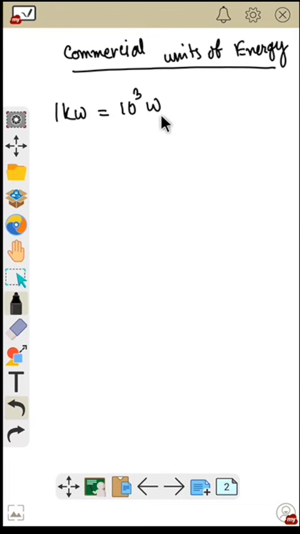This is the unit of power. Now if you do this amount of work in 1 hour, same amount of power you have given up to 1 hour, so then we can write the energy that you have given will be 1 kilowatt into 1 hour.